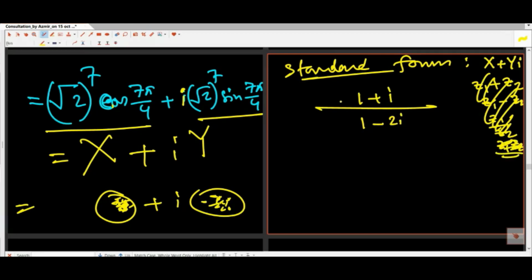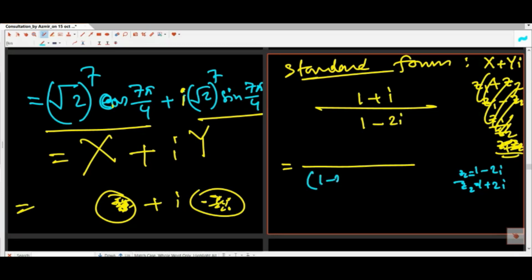So if we have a division form, we can't directly divide this. So in that case, whatever number you have in the denominator, think about its conjugate. So 1 negative 2i, its conjugate will be 1 plus 2i. That means it is z2, z2 bar will be 1 plus 2i.